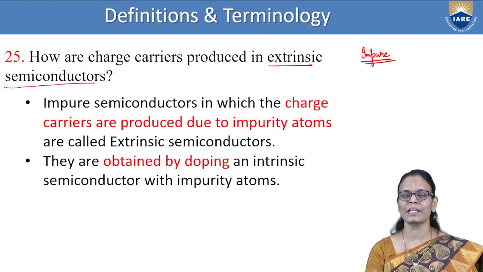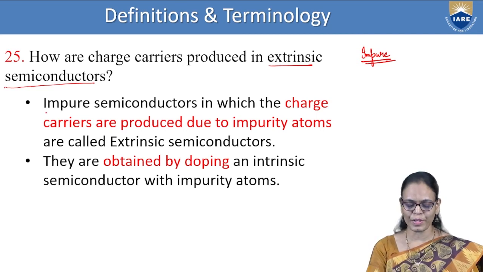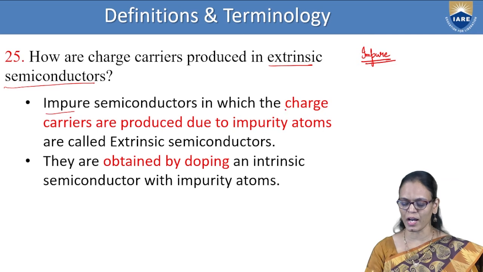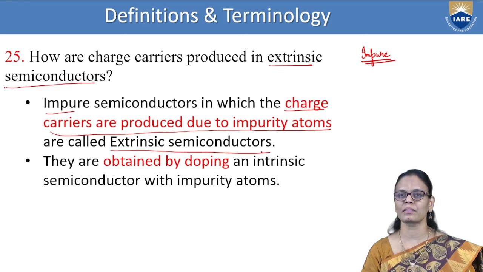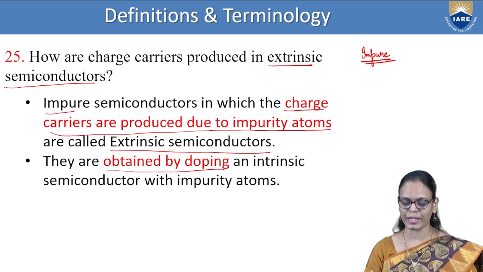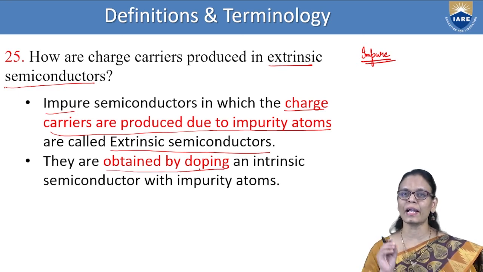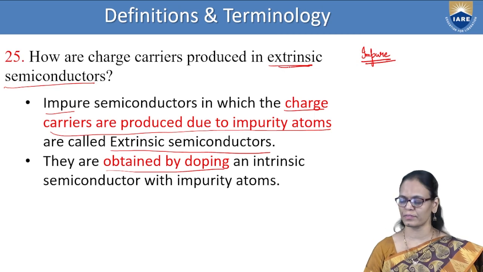To silicon, a fourth group element, if we add an element from the third group, it becomes an impurity. Impure semiconductors in which the charge carriers are produced due to impurity atoms are called extrinsic semiconductors. They are obtained by doping, that is, by adding an impurity to an intrinsic semiconductor.